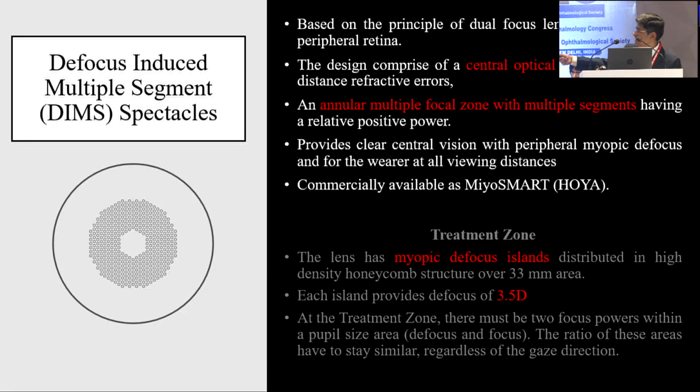So between these lens sets, you have the distance vision correction. Although we rarely tend to see too long from the edge of the lens, if a child looks from the side, they will feel a little bit of a blur, and they usually would come back and move their head to see in that direction, but at least 50% of the light is still going to focus on the retina. So these are the DIMS, or the defocus incorporated multiple segments.